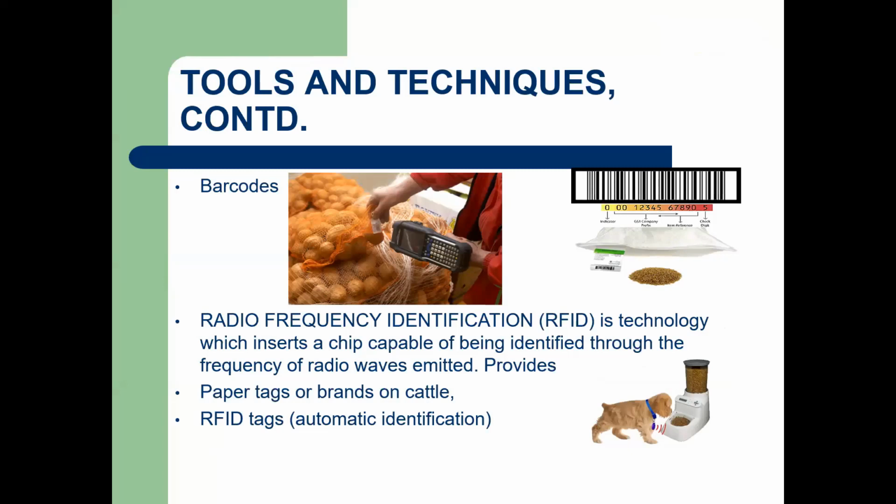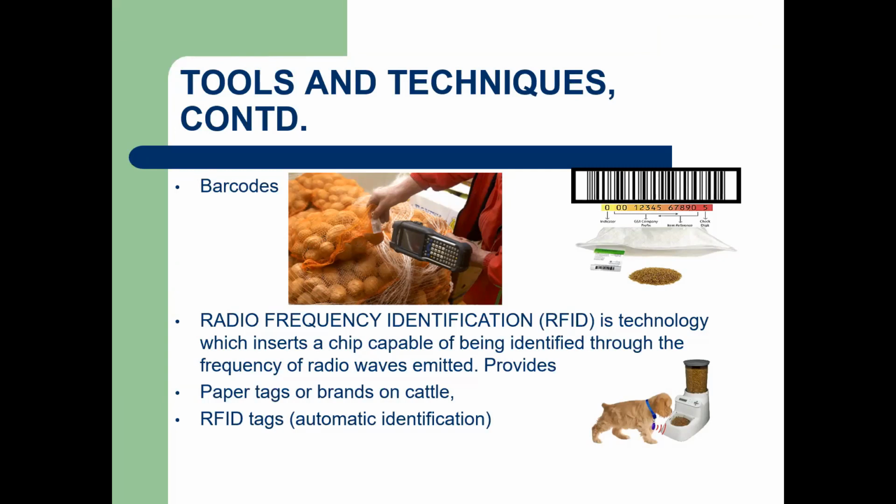So some other tools and techniques for tracing or tracking would be barcoding. Barcode is a very popular method. Now, RFID is another technology. Some of the meat processors use this. They put RFID chips into the carcass or the meats so that they can be detected.